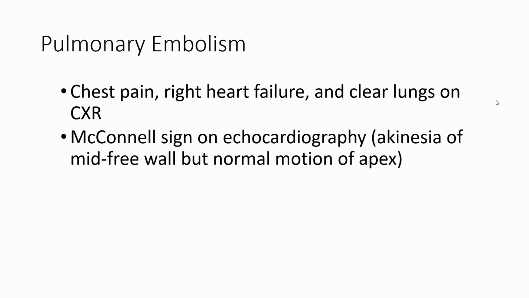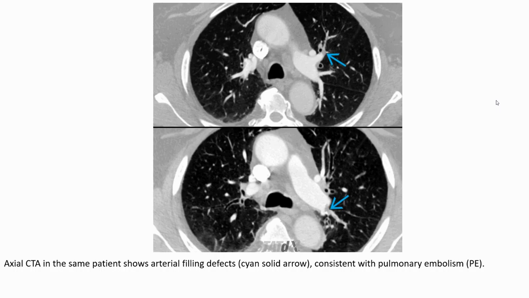Pulmonary embolism presents with chest pain, right heart failure, and clear lungs on chest X-ray. Axial CTA of the same patient shows an arterial filling defect consistent with pulmonary embolism.